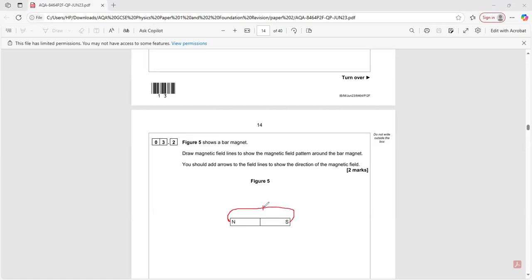And remember to put the arrow there. Around the North Pole, they seem to concentrate, then they seem to divide as they go round back into the South Pole, and they concentrate again at the South Pole. So let's put the arrow. This is how it will look.